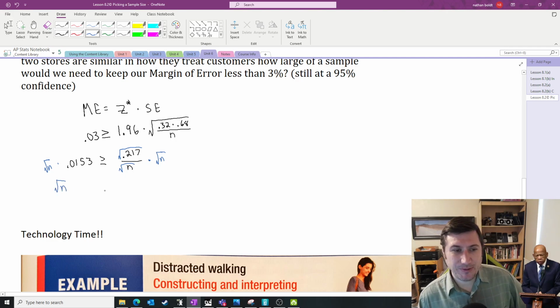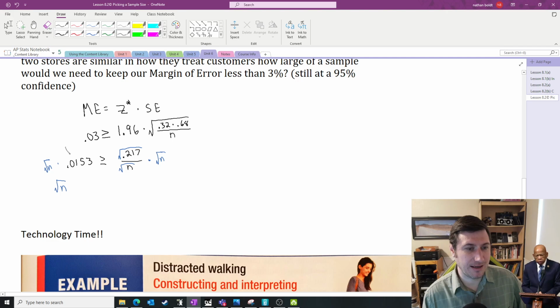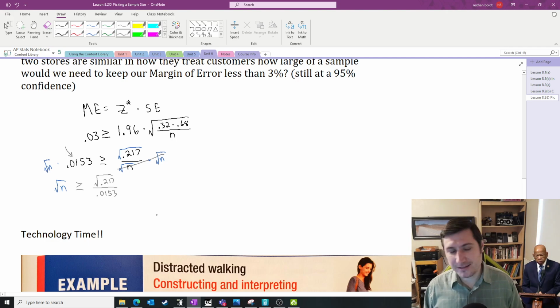Can I do another step in my head? The more you can shorten this algebra, the better. I've got the square root of n on this side. How am I going to get rid of this number? I'm going to divide it to both sides. Again, the more algebra you can do in your head, the shorter this process will go. So I divided it to the other side.